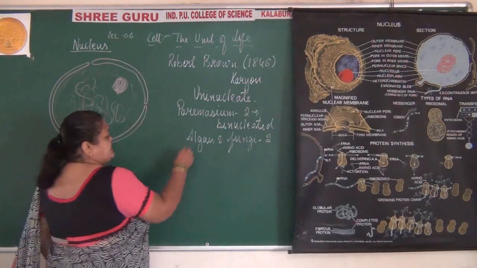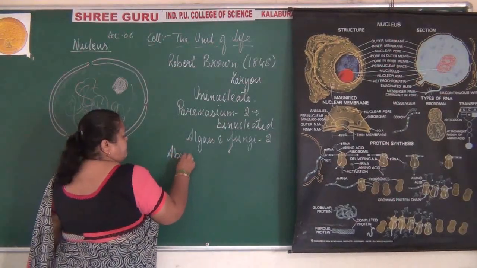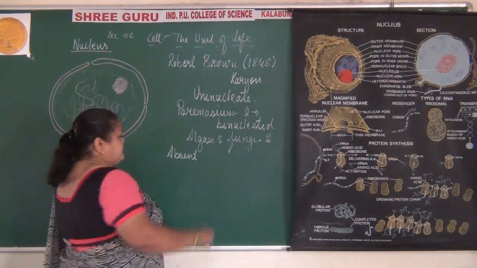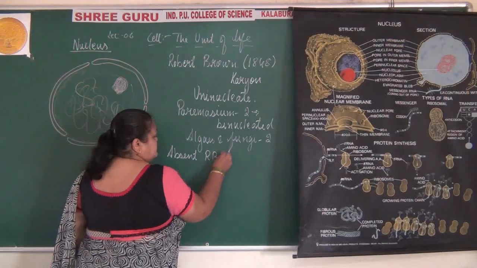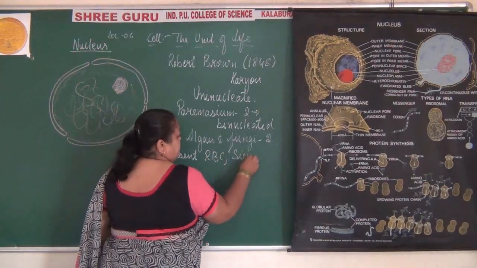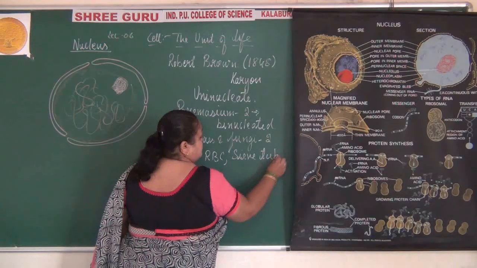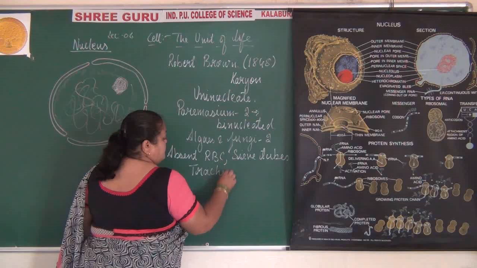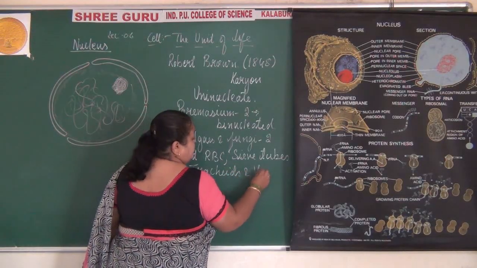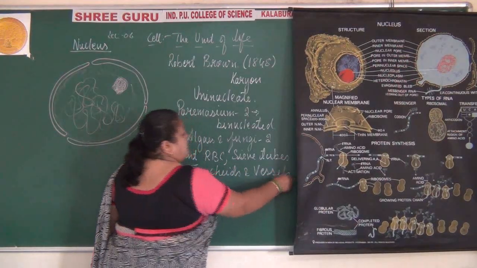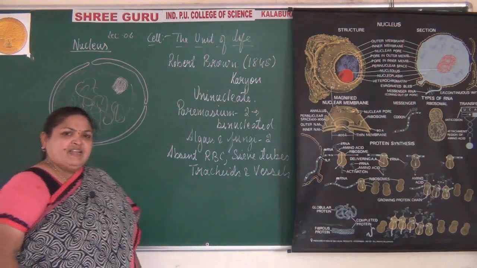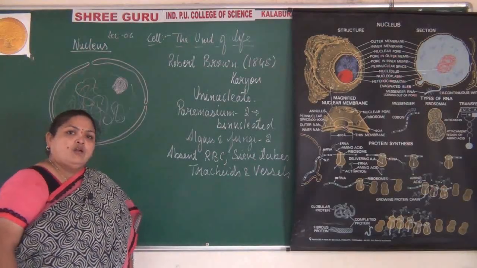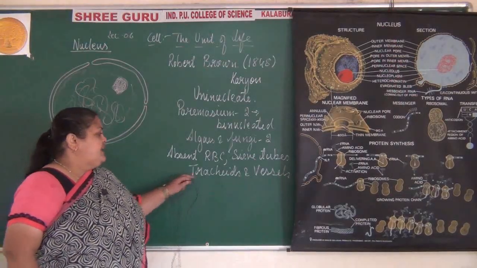But though the nucleus is present in all the eukaryotic cells, it is absent in red blood cells, sieve tubes, tracheids and vessels. It is present in all dividing cells and resting cells, and you can observe it in all the eukaryotic cells except in red blood cells.